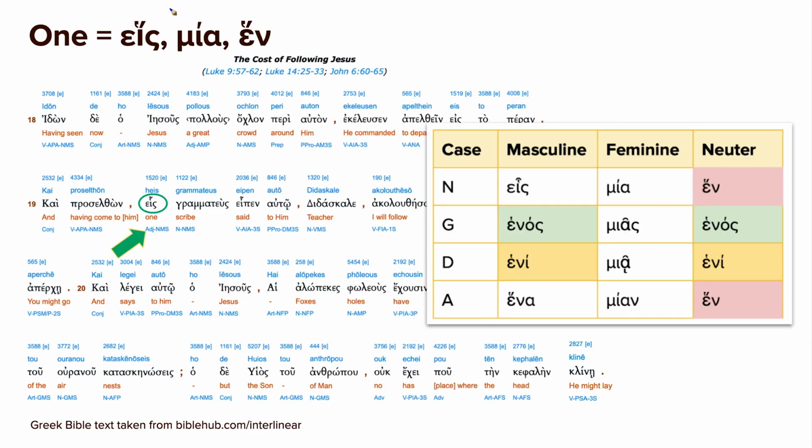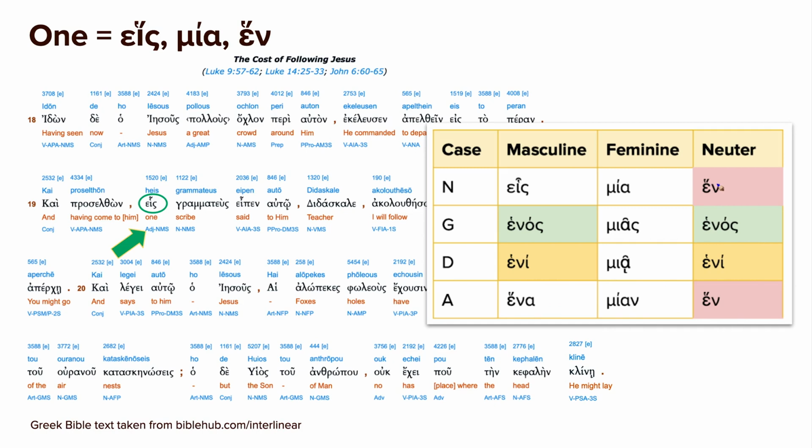Our next subject is a review of εἷς, notice the rough breathing mark, εἷς, μία, ἕν, which is the word for one. Unfortunately, there's no plural, so we only have to look at the singular form. So it's εἷς, μία, ἕν, ἑνός, μιᾶς, ἑνός, ἑνί, μιᾷ, ἑνί, ἕνα, μίαν, ἕν.